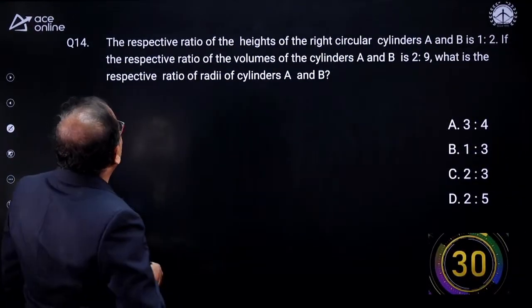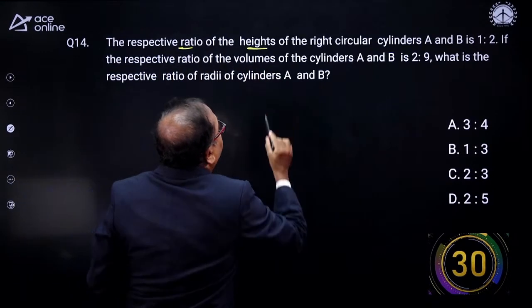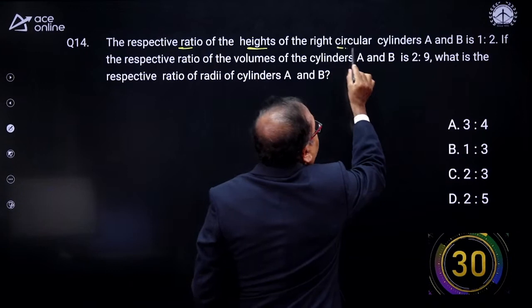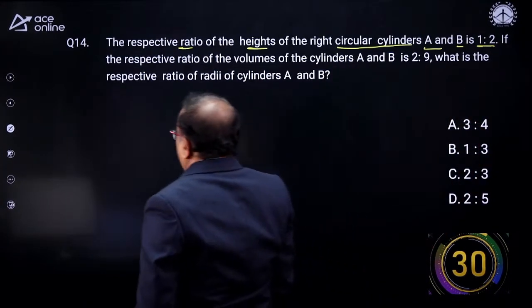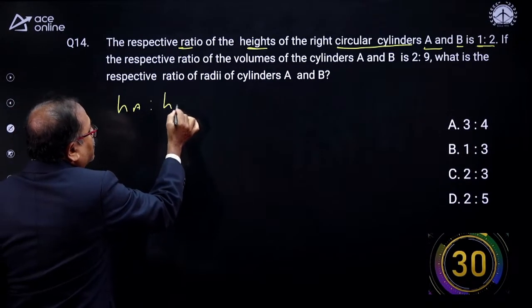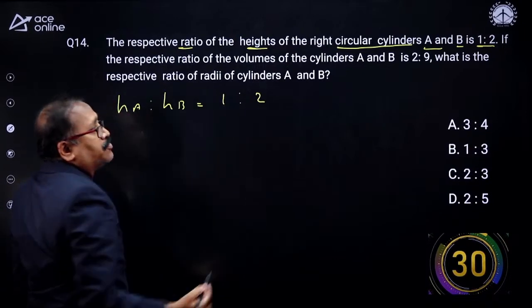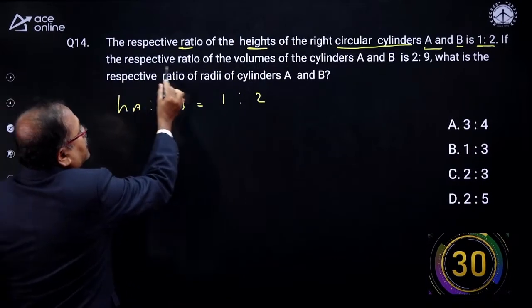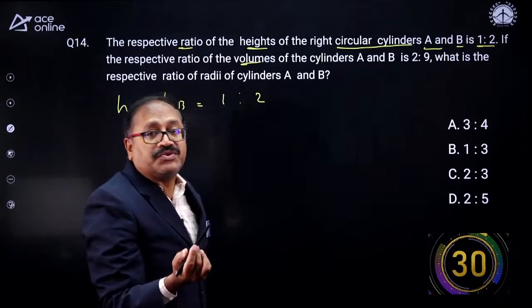It says that the respective ratio of the height of right circular cylinders A and B is 1:2. So height of A is to height of B is equal to 1:2. And the next one, the respective ratio of volume of cylinders A and B is 2:3.